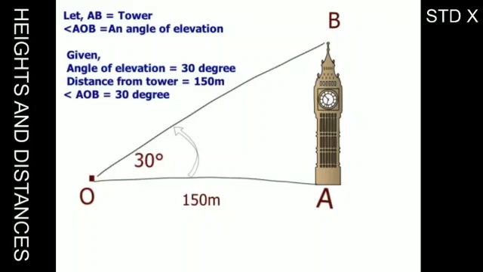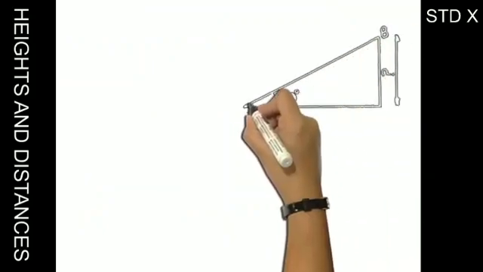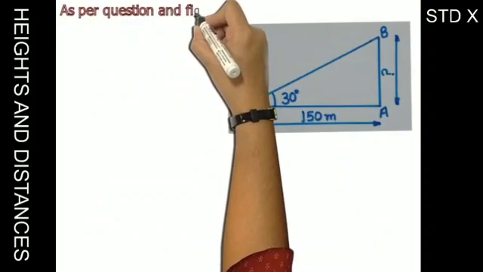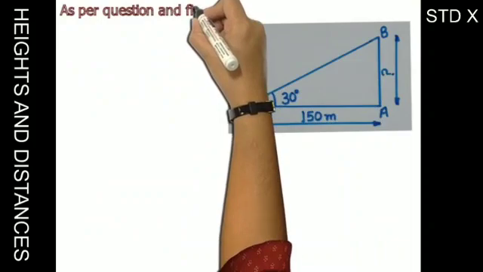Now you are seeing here the base line. That means the base is 150 meters and the angle is 30 degrees. AO equals 150 meters, angle AOB is 30 degrees, and you have to find AB. Now see this through the diagram, it will be clearer.